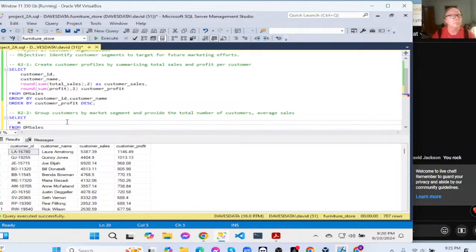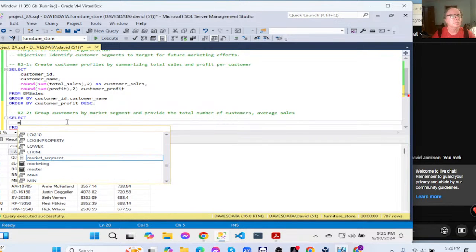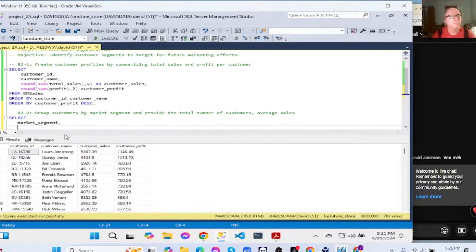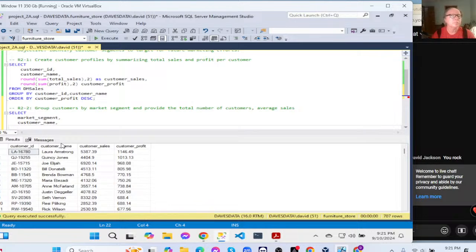If I recall properly, this involves a count of the customer, not a count distinct of the customer numbers. Is that what it is? Market segment.